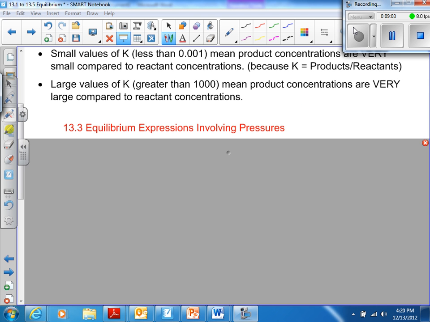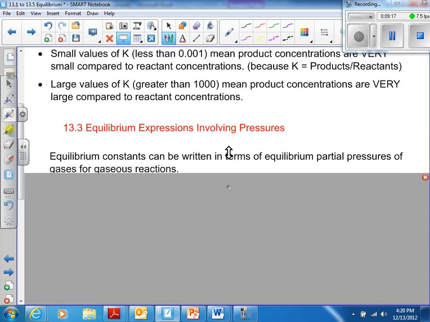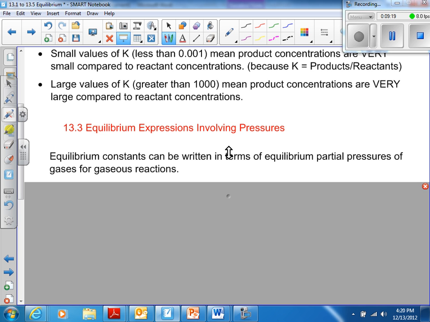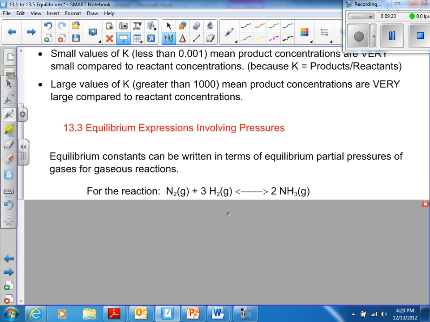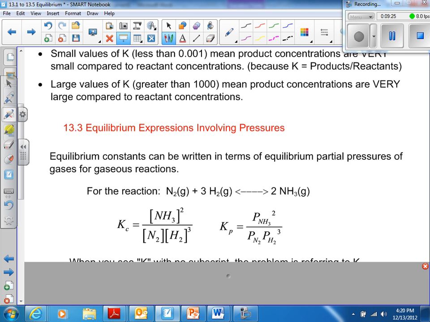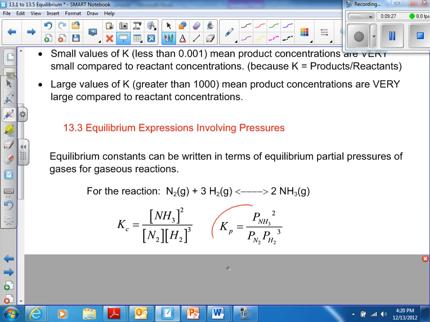All right, about pressure. Everything I've talked about so far, we've been using concentrations for those Ks. When you see a K with no subscript, we assume we're talking about K with concentration. But sometimes we can have partial pressures, and we can still write a K for those. And that K would look like this right here.